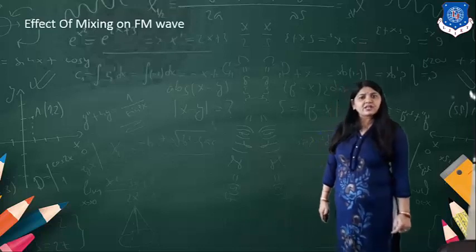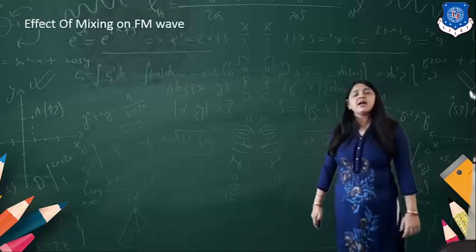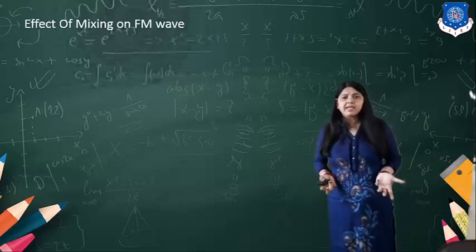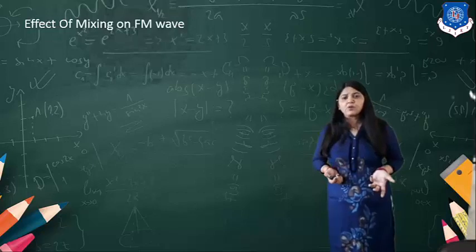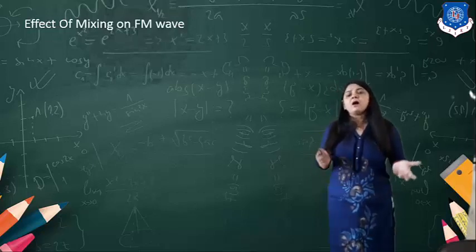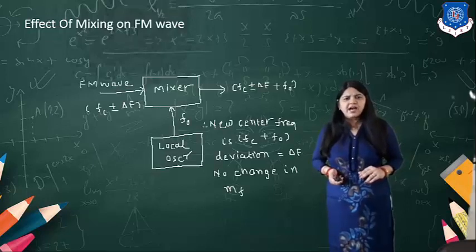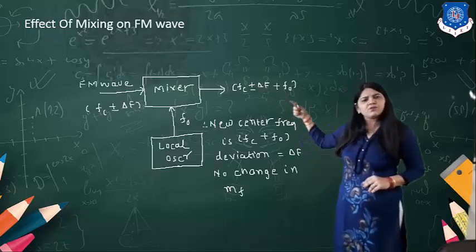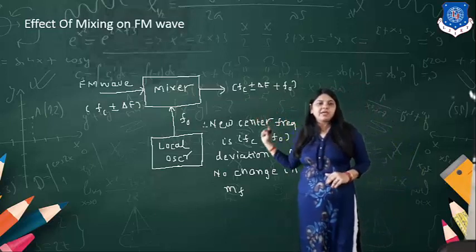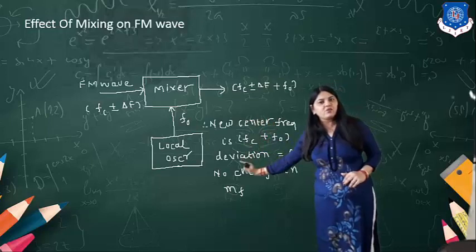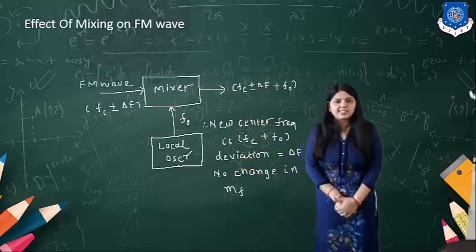Next is the effect of mixing on the FM wave. The mixing and multiplication of two frequencies play an important role in communication. So now we have a mixer. What will it do? It will mix two frequencies: one is the FM wave and the other is the local oscillator.